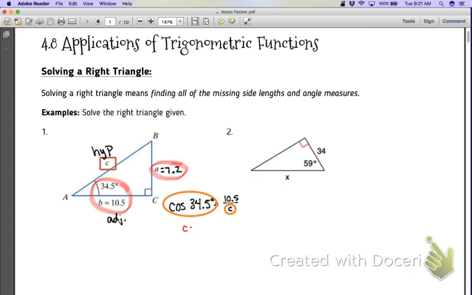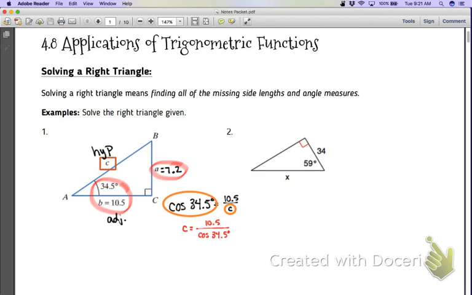So I can just go C equals 10.5. It did not change places. 10.5 is still in the same spot. Instead of being divided by C, it's going to be divided by cosine of 34.5 degrees. I have the variable on one side and everything else on the other.